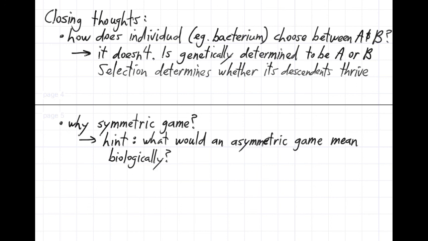And if we do that over and over again over each individual's lifetime, then they get an average payoff or an average fitness. And that becomes the average fitness of the type A's and the type B's. What would you have to change about that kind of process or that sampling to have an asymmetric game? Okay, I'll leave you with that thought. You can mull it over and see what you make of it. You're welcome to talk to me or Christoph about it if you have some ideas.